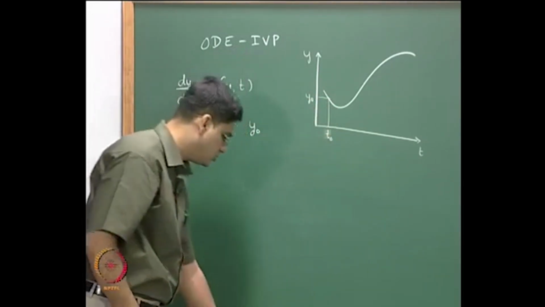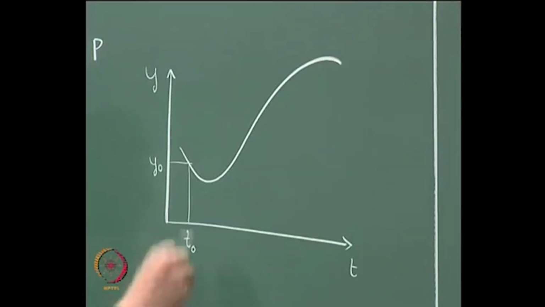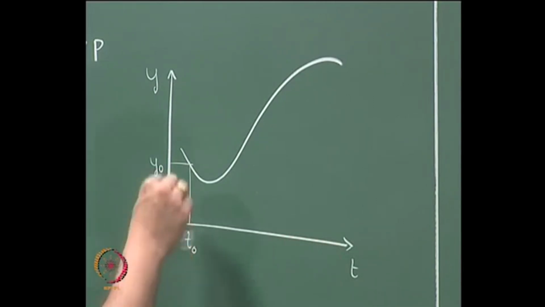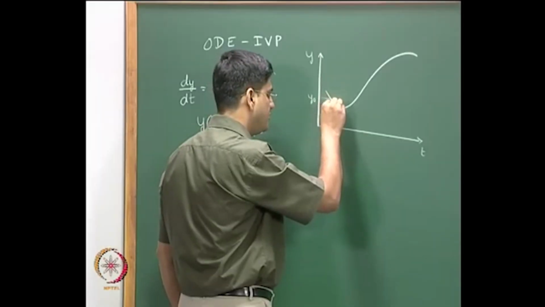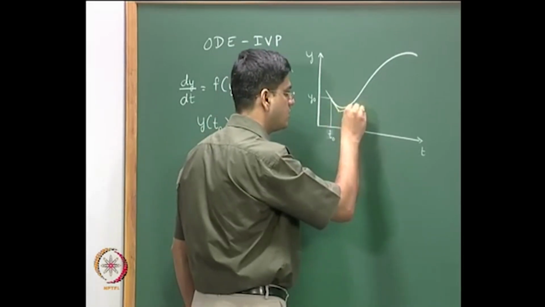So what we are going to do in the numerical method to solve this ordinary differential equation is to figure out what the next value of y is going to be as we progress forward in t. Okay, so perhaps the way we will progress is we will go from this point to this point.